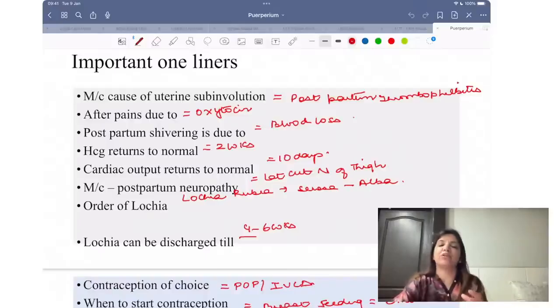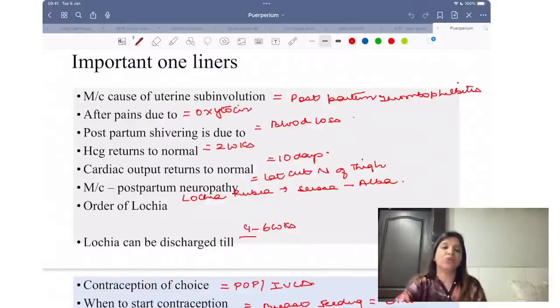At that time, mother can have pain in abdomen. That is what is called as after pain. And this is because of oxytocin. Why? When mother breastfeeds, at that time oxytocin is released, and oxytocin leads to uterine contractions. So after pain is happening because of oxytocin.